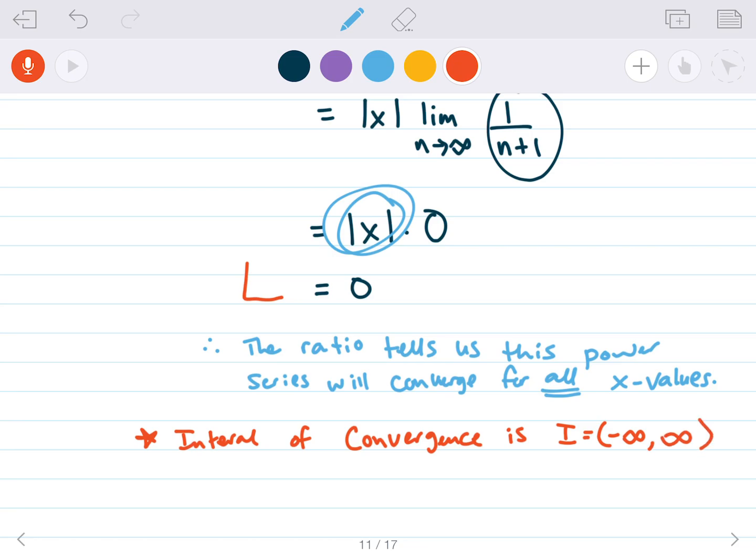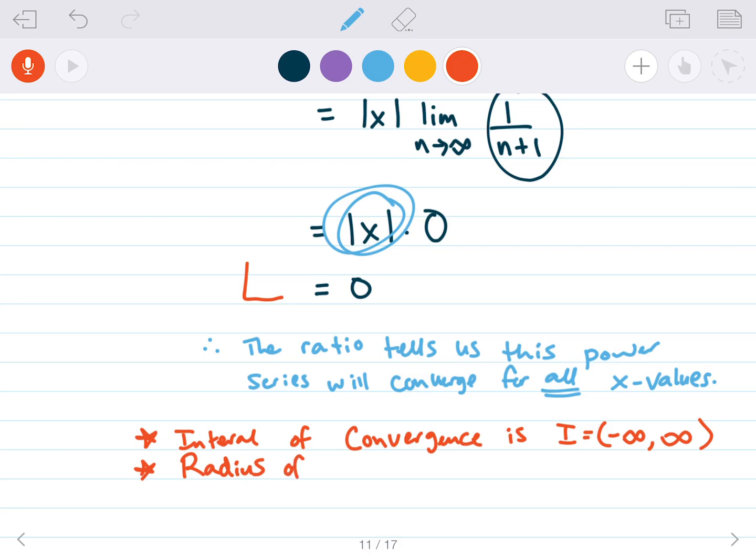Any value of x will converge. So that's our interval of convergence, from negative infinity to positive infinity. And our radius of convergence, we usually call that capital R.